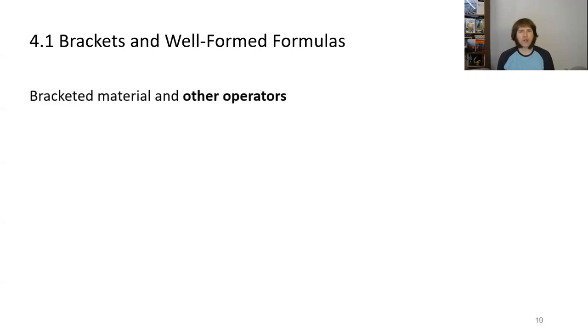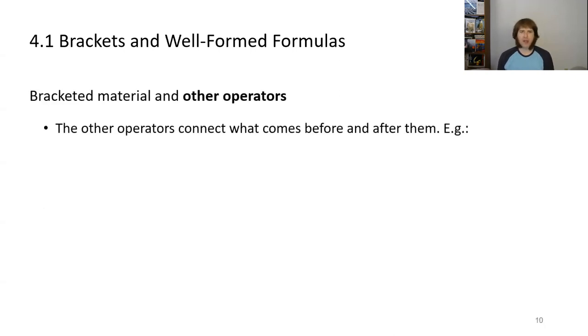Okay, just a few words about other operators. So the other operators always connect what comes before and after them, right? P and (Q or R) reads both, because it's a conjunction, right? That's our main operator there. We've got P and (Q or R) are true. So what does that mean in practice? Well, because it's a conjunction, it's saying both conjuncts are true. When are both conjuncts true?